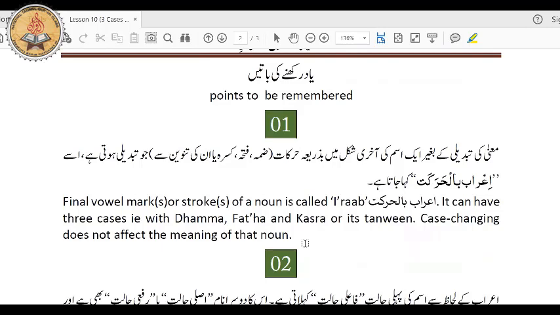Understanding the concept is the main focus, and the terms will come automatically. So I said that it can have three cases, with Dhamma, Fatha, or Kasra, or its Tanween. And Tanween, we know, is the process of nasalization. Case changing does not affect the meaning of that noun. I have already explained this to you.